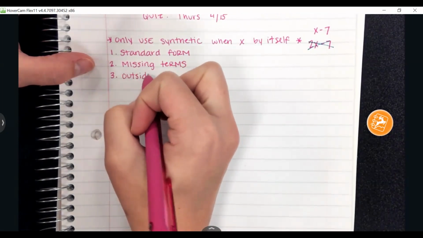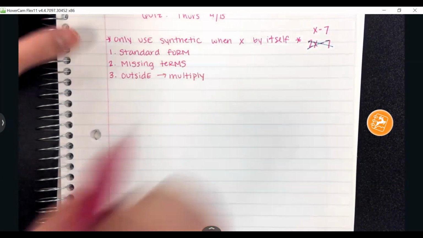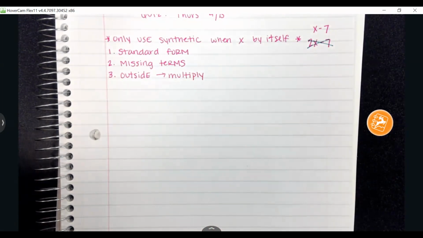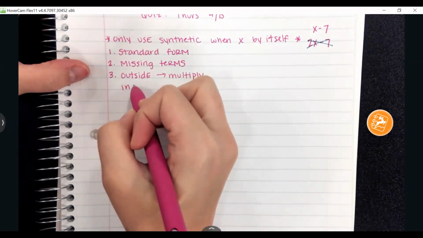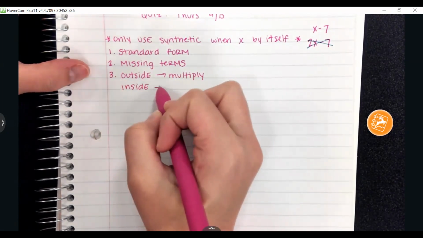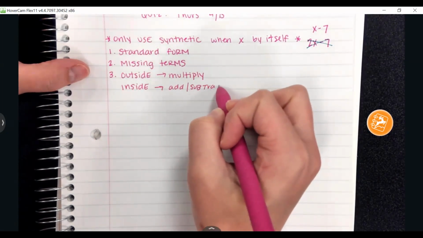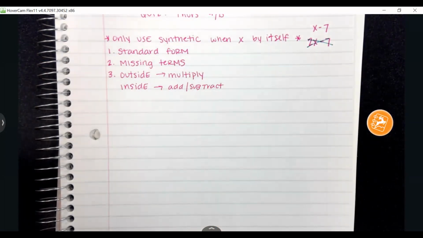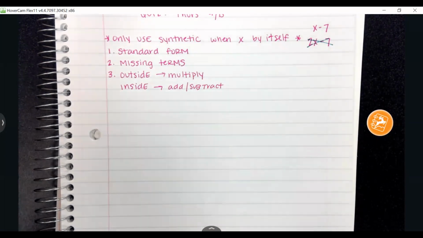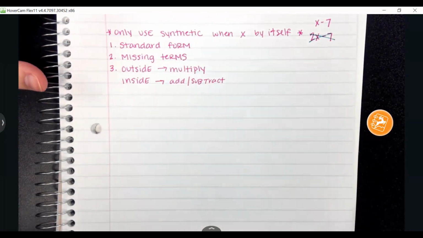Outside is multiply. So anything outside multiplies. And anything inside adds or subtracts. If you have something else that's colorful to write with, you might get something out real quick.